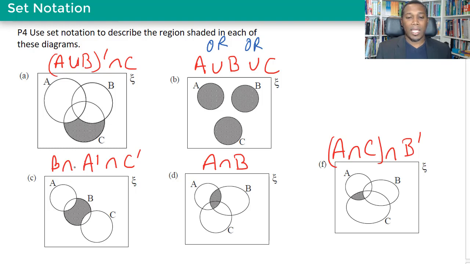Then you have intersection of A complement and intersection of C complement, because what you do not want, in other words the additional criteria, is not just that it has to be in B, it must not be in A. I want everything that's in B and not in A and not in C.